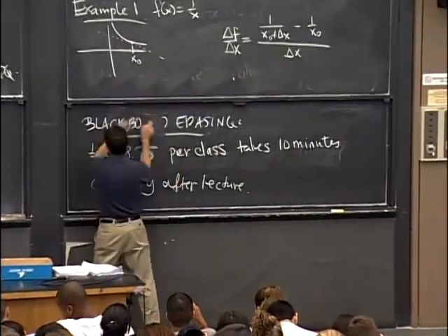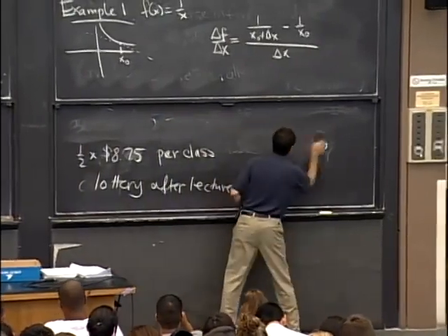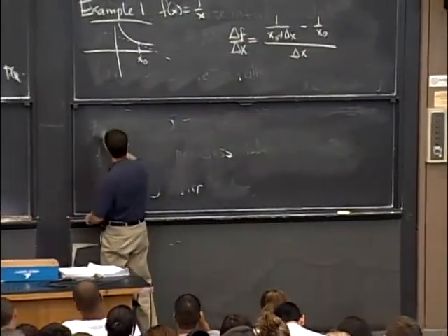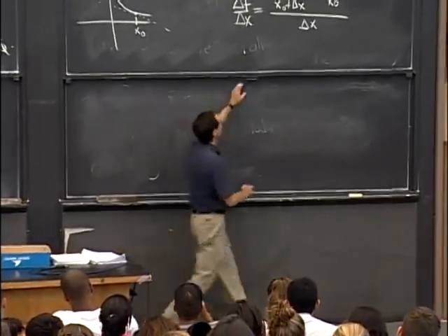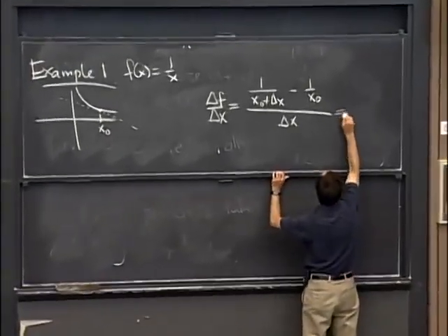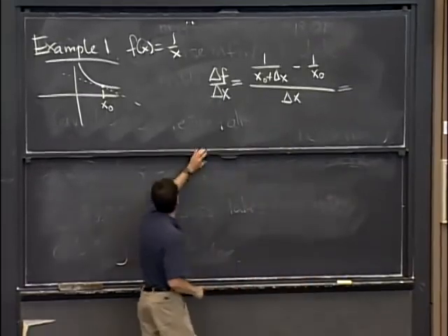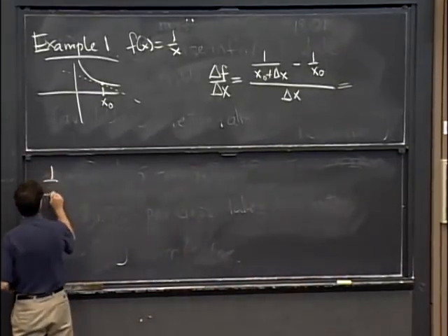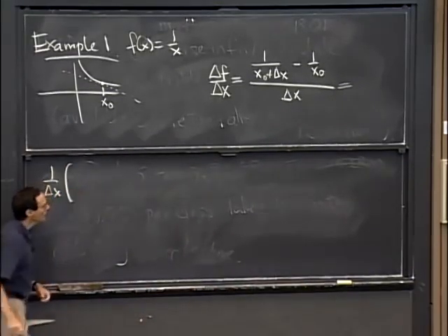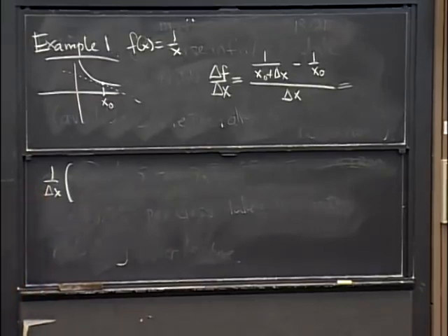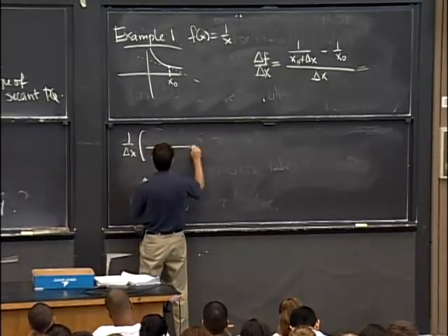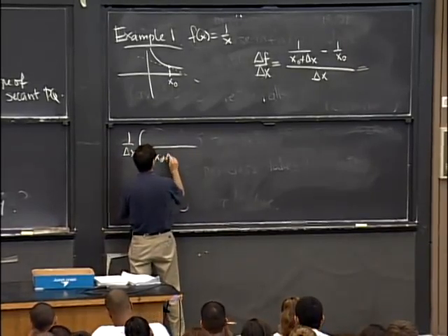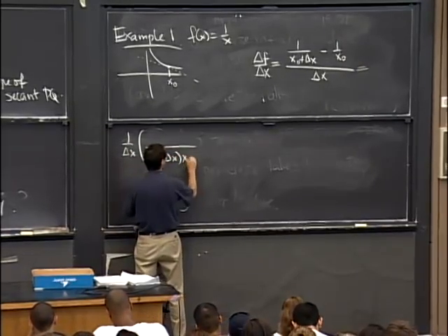Now we're going to simplify it by some algebra. So let's just take a look. This is equal to 1 over delta x times, now all I'm going to do is put it over a common denominator. So the common denominator is x0 plus delta x times x0.